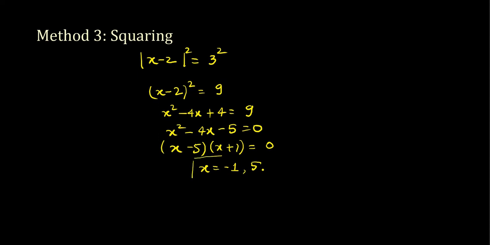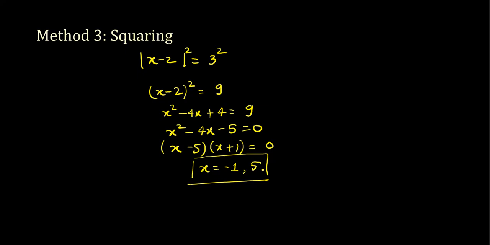Okay, so same solutions I am getting by using three methods. As I said earlier, this squaring method is used most commonly, because in the next topic we will see how to solve inequalities. In that also we can square both the sides of inequalities which involve modulus sign.